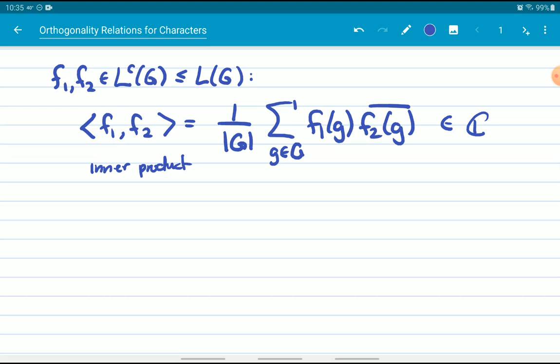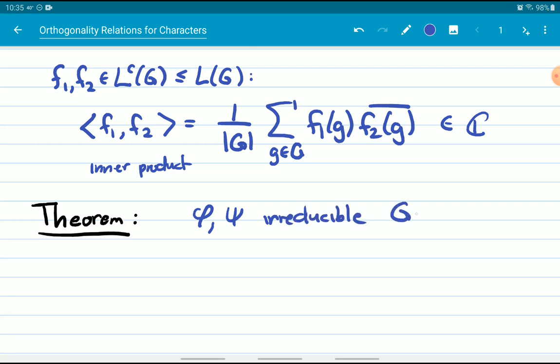Using these, we can now state the big theorem. If I have two irreducible representations of G, call them phi and psi, then I can compute their characters, and then I can take the inner product of their characters.